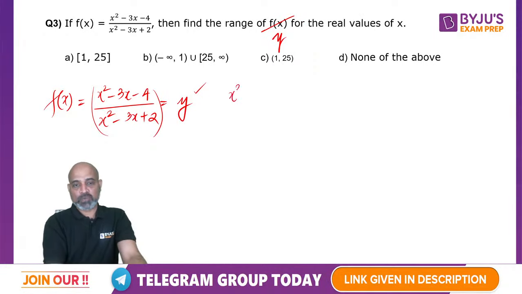So we will have to cross multiply. You will get x square minus 3x minus 4 is equal to y times x square minus 3x plus 2.